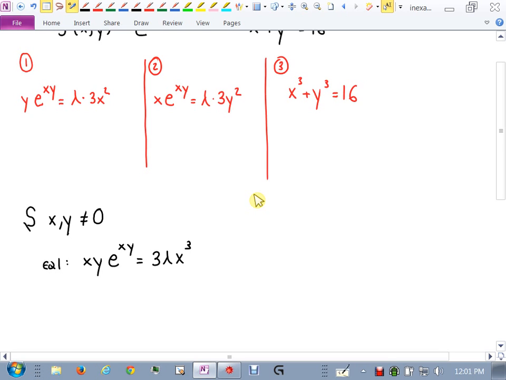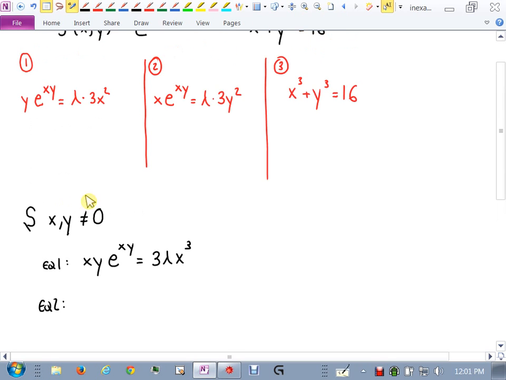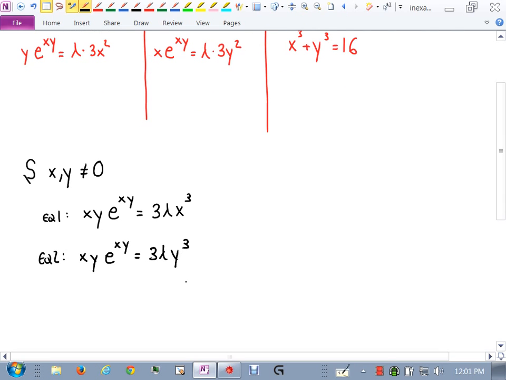Now, if I go to equation 2, I can multiply both sides of equation 2 by what? y. Because if I do that, what appears on the left side now is the same, right? If these two are the same, what can I do with these two equations?